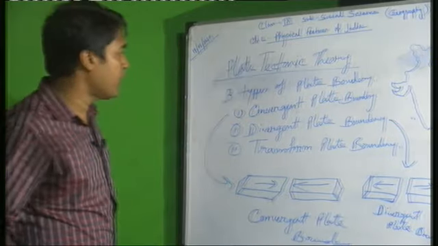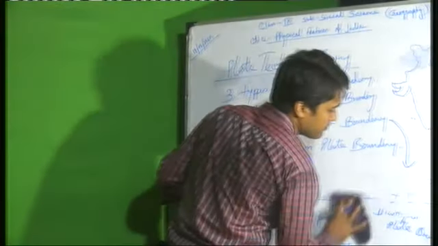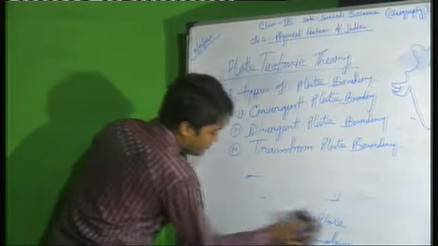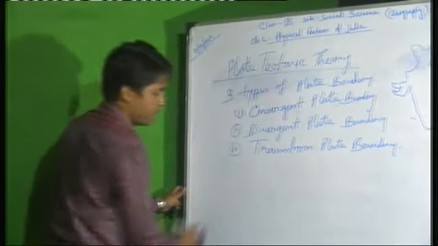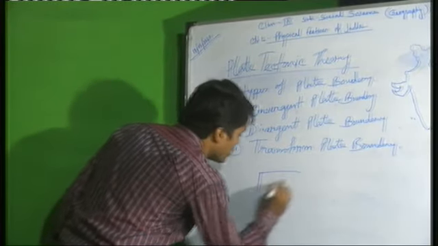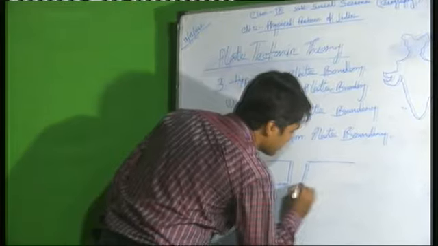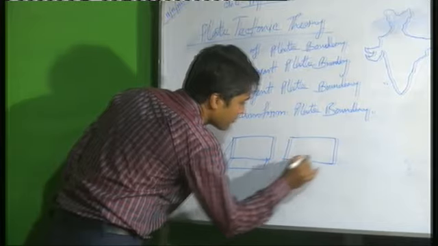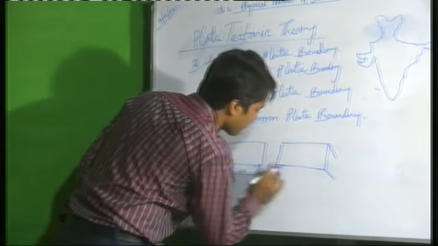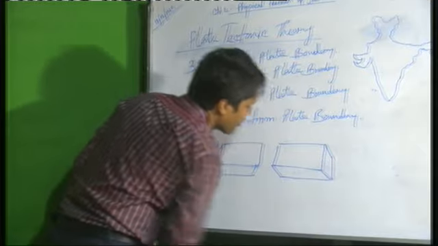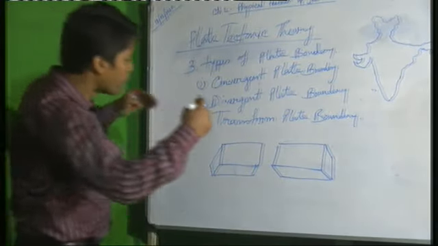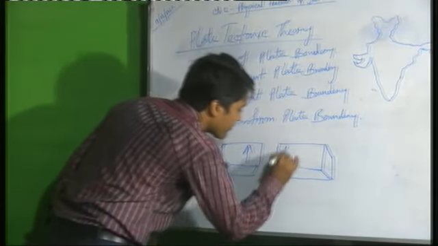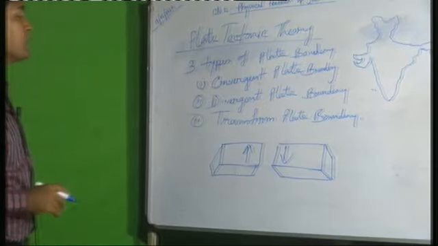And the last one is the transform plate boundary. Transform plate boundary means when two plates are not moving toward each other or away from each other, they are just slightly passing each other.